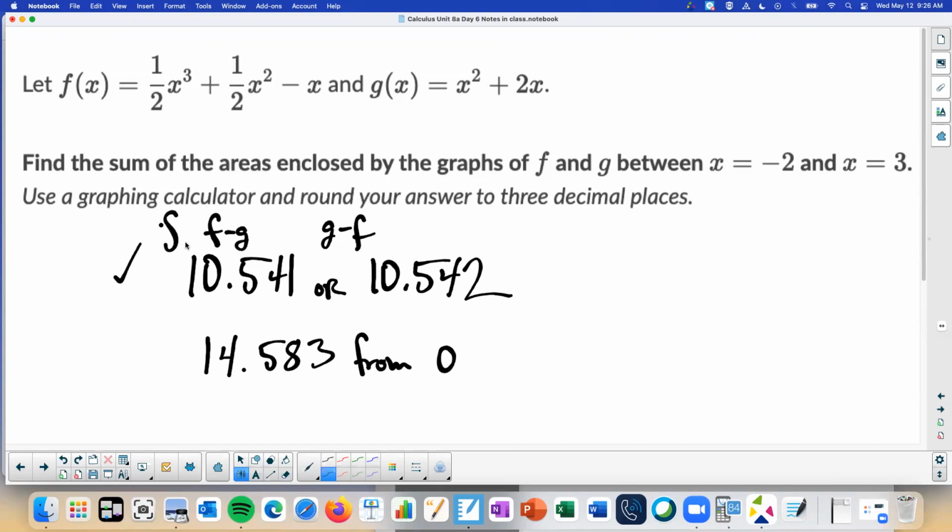So we should have the integral from -2 to 0 of F minus G, and then the integral from 0 to 3. I'm wondering if you typed one of these numbers wrong to get 14 though. Weird. Has anybody else gotten one of these two answers by now?